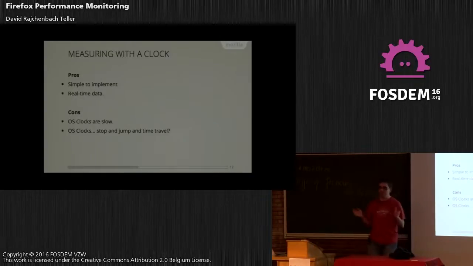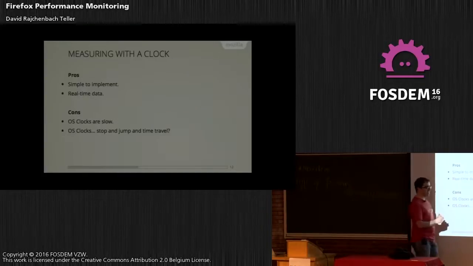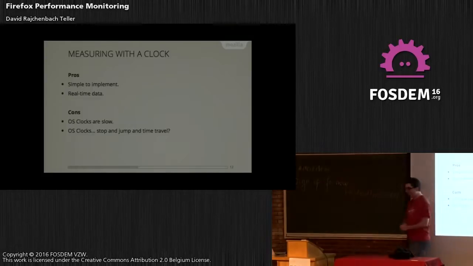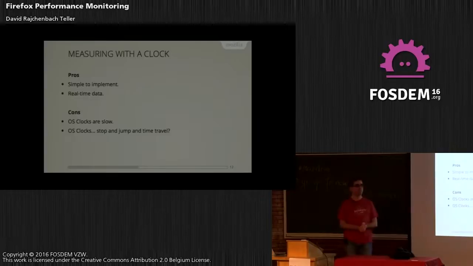But okay, there are better clocks in all systems. And these clocks tend to have another problem. Instead of stopping, or jumping by increments of 16 milliseconds, sometimes they go back in time. Because they're so precise that they depend on the CPU on which you're running. And at some point, the OS might decide to move your browser or your process or your thread from one CPU to another CPU, and they do not have the exact same clock.